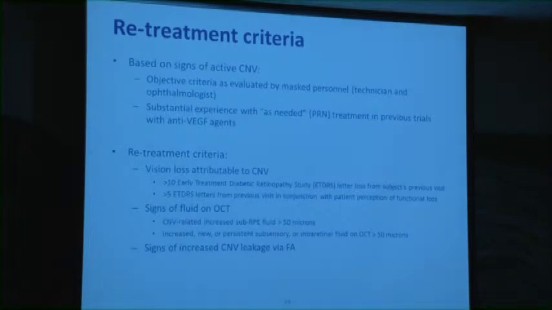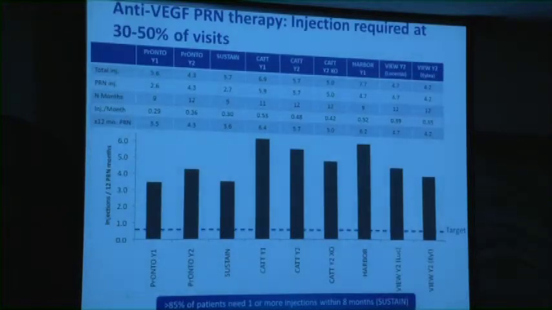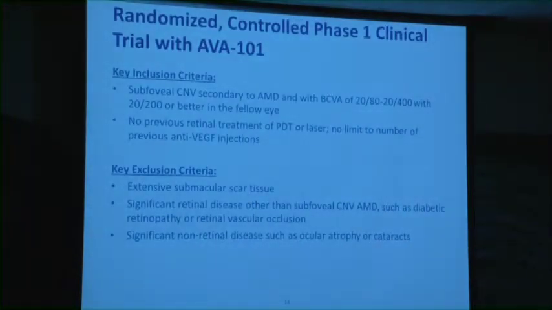And so we have very specific ranibizumab retreatment criteria, and there's a lot of clinical experience based on when anti-VEGF therapy can be given on an as-needed basis. And so our study borrowed heavily from that previous experience.